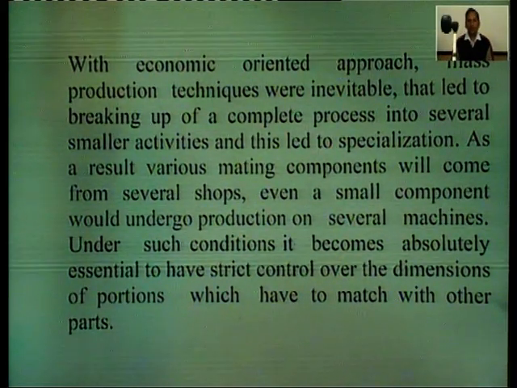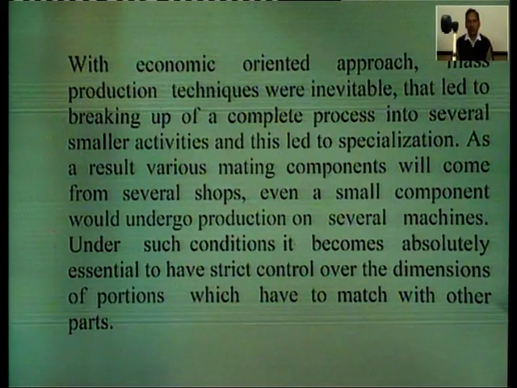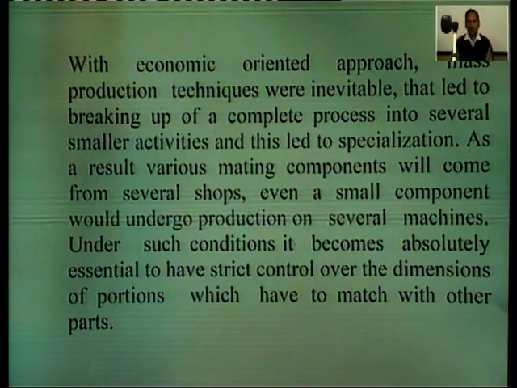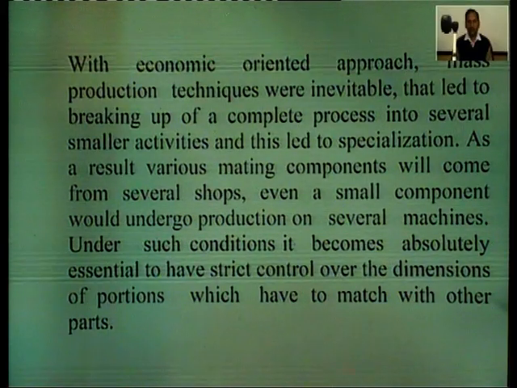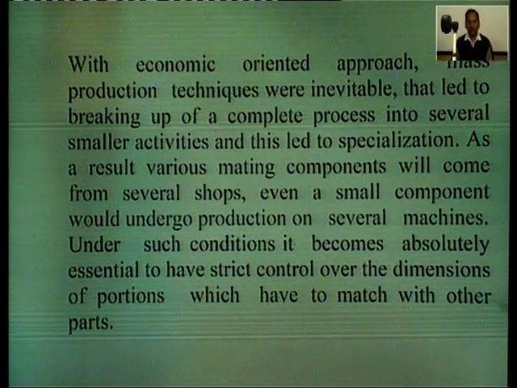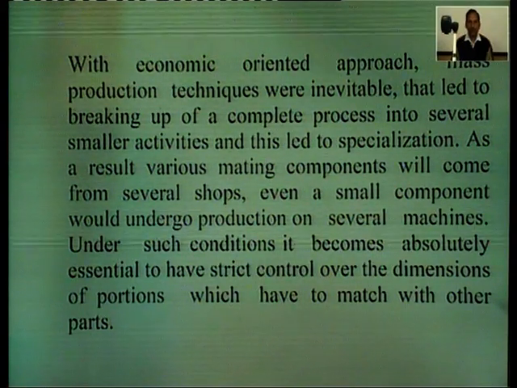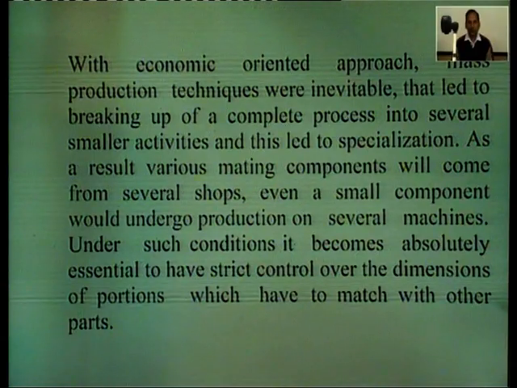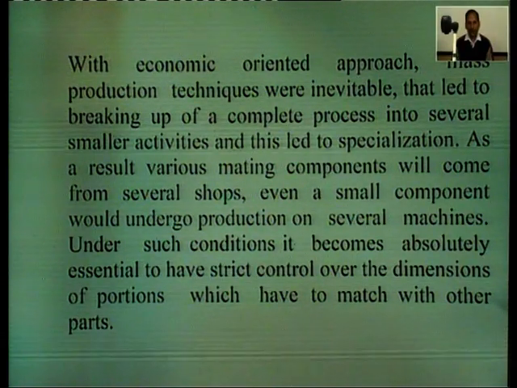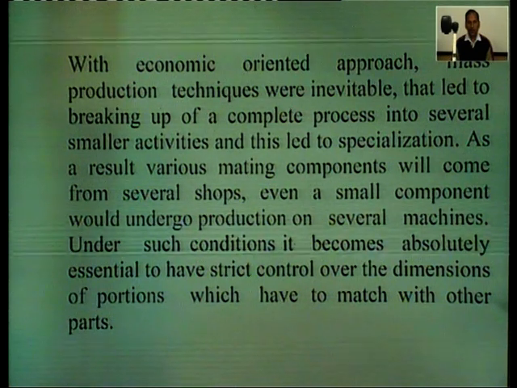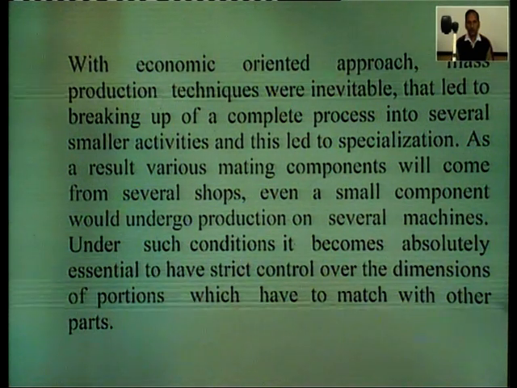With an economic oriented approach, mass production techniques were inevitable, which led to breaking up of a complete process into several smaller activities, and this led to specialization. As a result, various mating components will come from several shops.